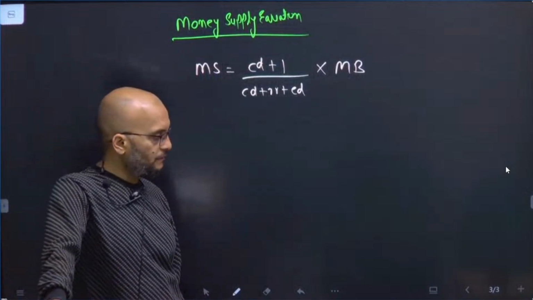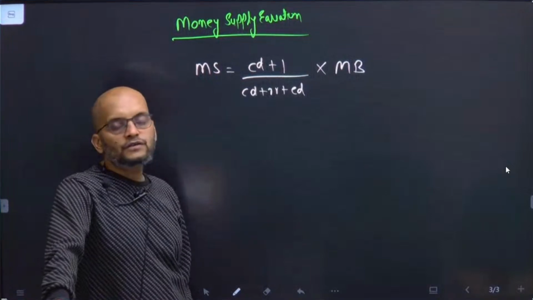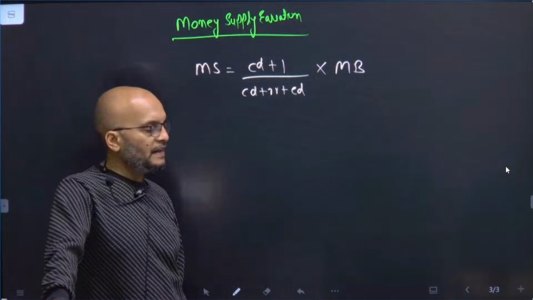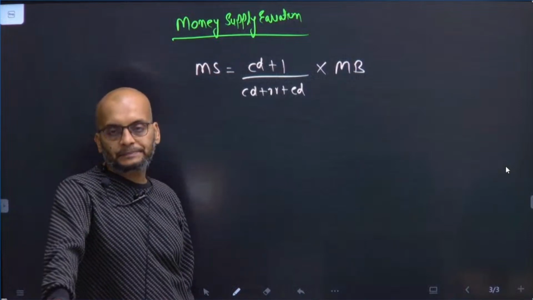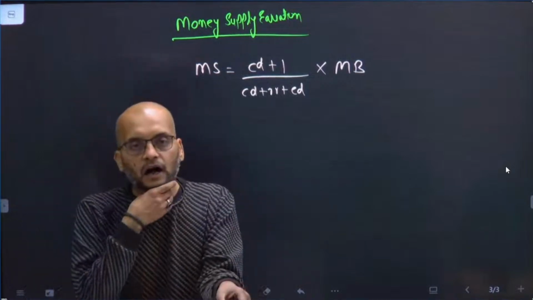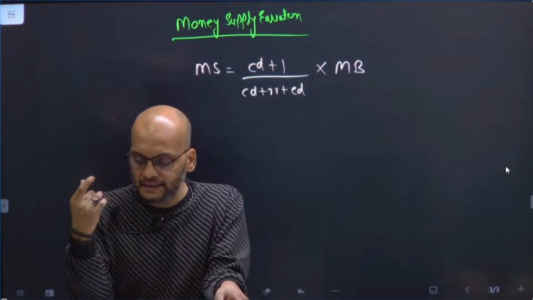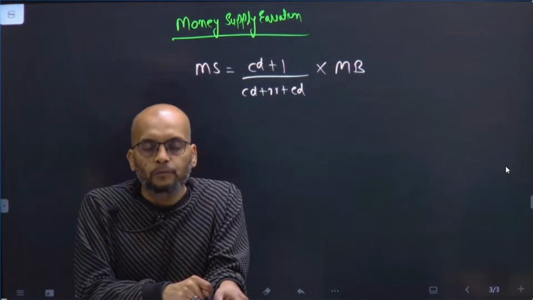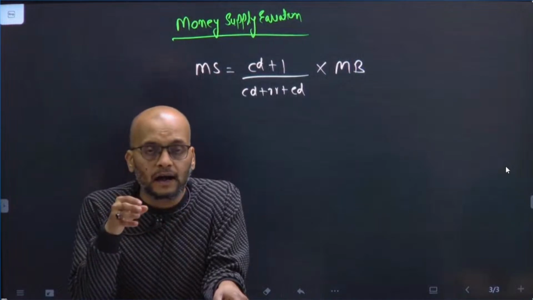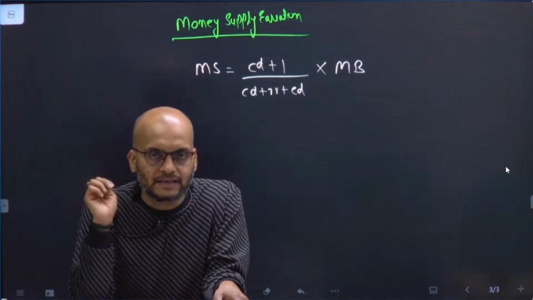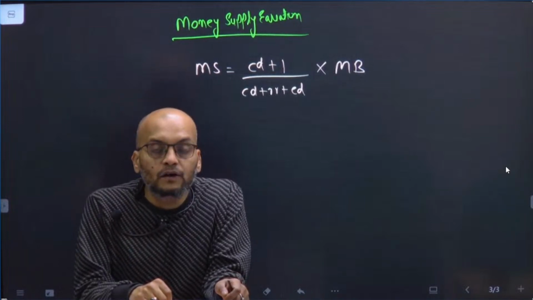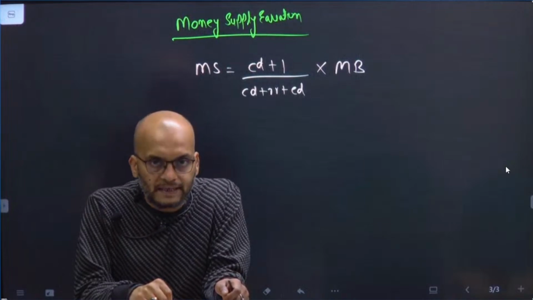We have already done it. Okay. So what does money supply equation tell us? You can write down, it indicates how much money is created in the economy for a given monetary base.